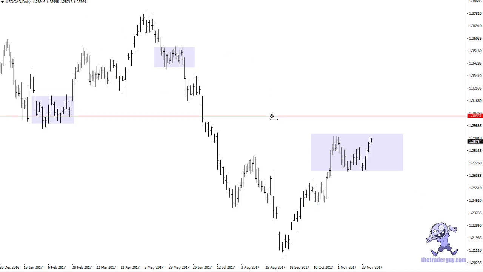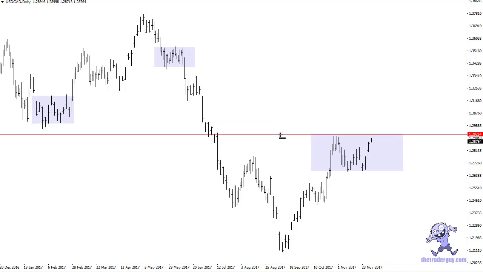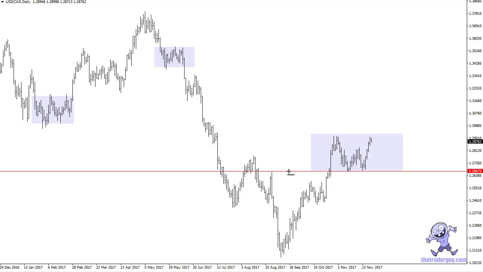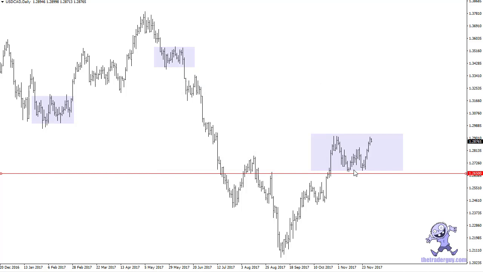We can draw out some support and resistance lines, just as we do in the support and resistance video. And here I would, for example, say 126.50, and that is the bottom of our little rectangle.